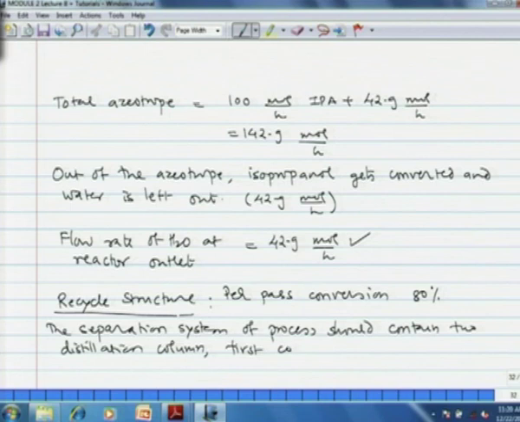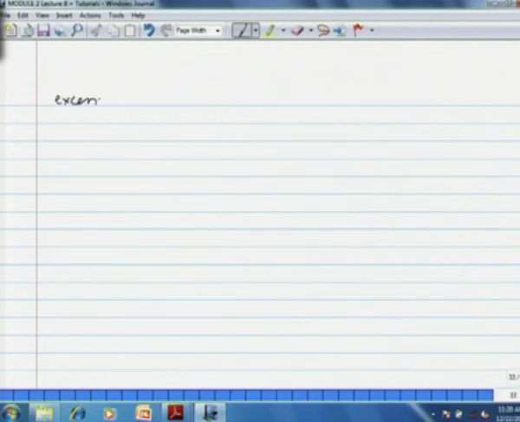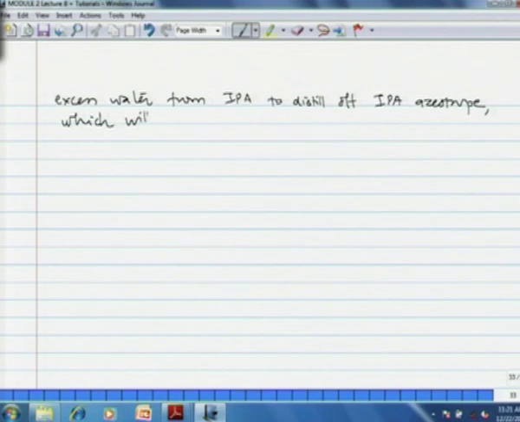First column removing the main product acetone, and second column removing excess water from IPA to distill off IPA azeotrope, which will be recycled at the reactor inlet. Okay.